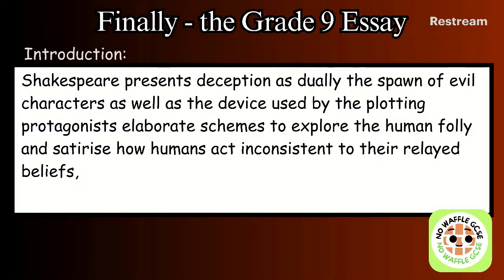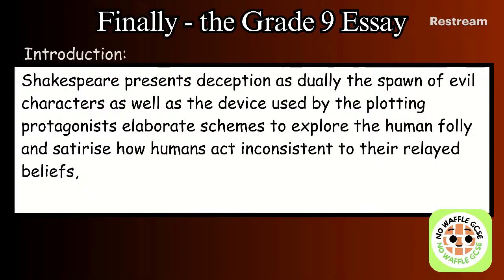Okay, so just breaking this down, because there's a lot of high level language, and I want you guys to be able to benefit from this and use all of these phrases to your advantage. So I'm talking about human folly. Human folly is basically thinking about the mistakes that humans make and making fun of them in the form of plays.